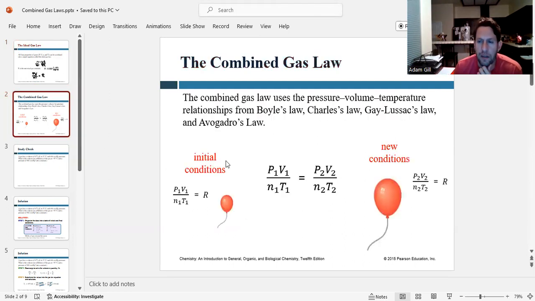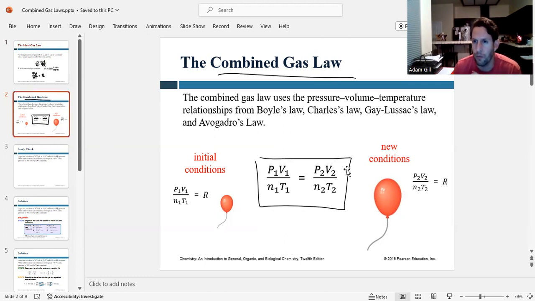And so we can state that the initial conditions of a gas, P1 V1 over N1 T1, the 1 standing for the first conditions, is going to be equal to a second set of conditions, P2 V2 over N2 T2. And so this is the combined gas law that we'll be using for the next couple of problems.